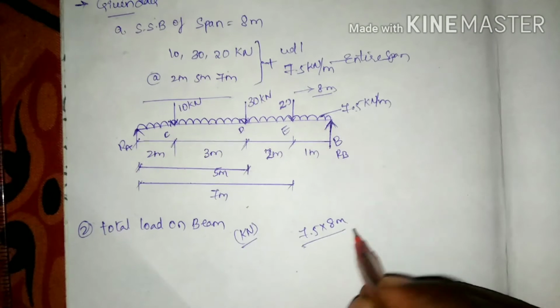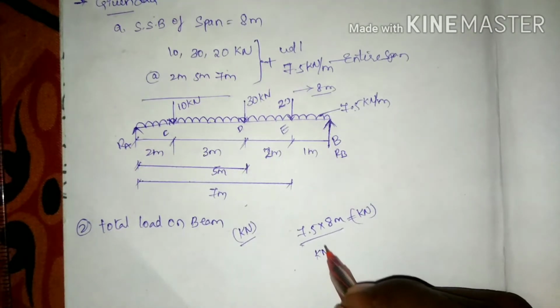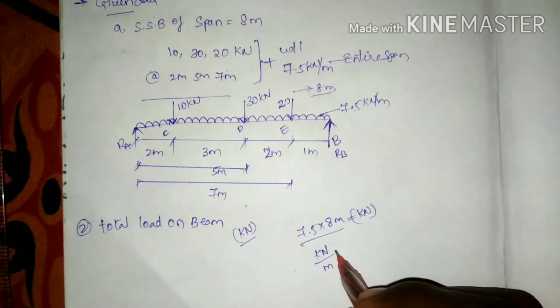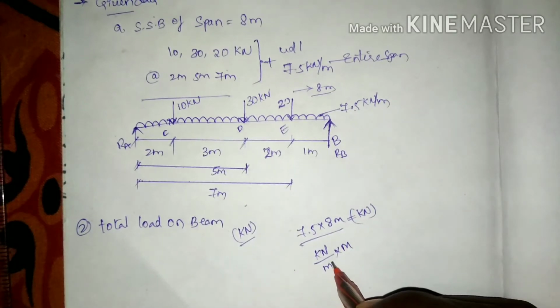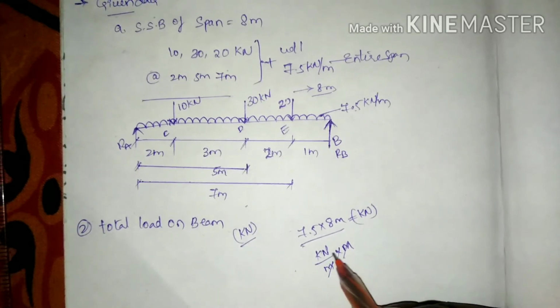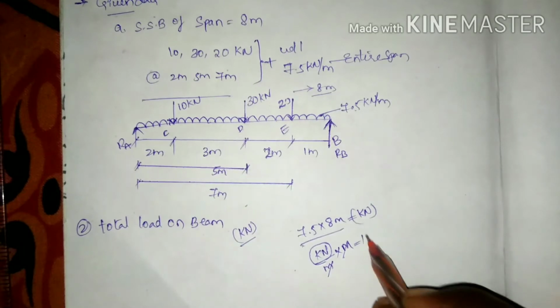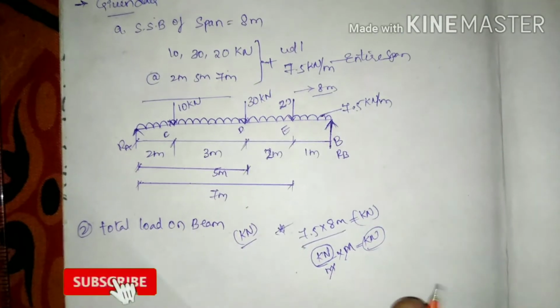This is converted to kilonewtons. The unit of UDL is kilonewton per meter, and when we multiply with meters, the meter gets cancelled and we are left with only kilonewtons. That is an easy process to convert the UDL to a point load.